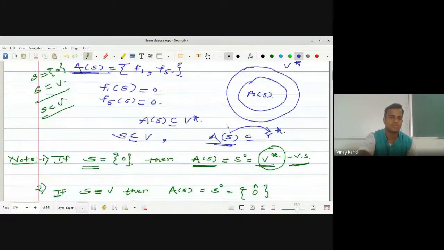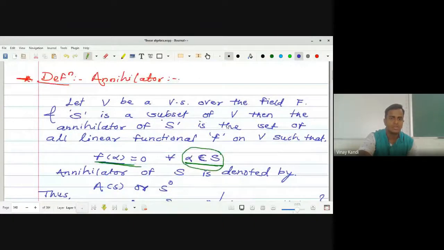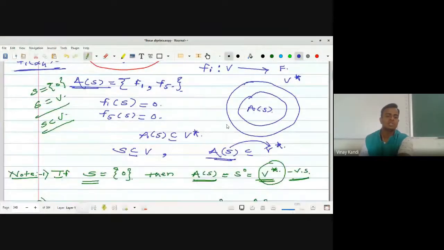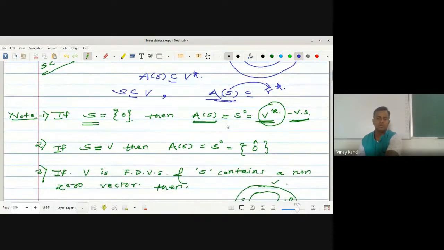Okay, so this is the definition of annihilator of S. Let V be a vector space over the field F. Annihilator of S is equal to collection of those elements from V star such that f of alpha is equal to 0 for all alpha belongs to S. If S is equal to singleton 0, then annihilator of S is equal to whole V star. Okay. If S is equal to V, then annihilator of S is equal to only the zero functional, singleton zero functional.